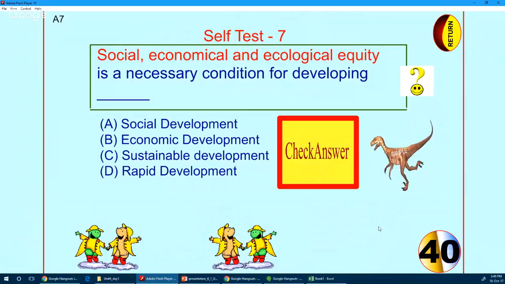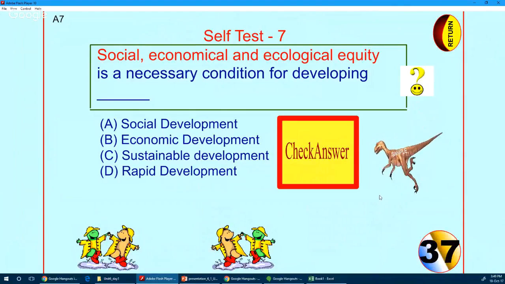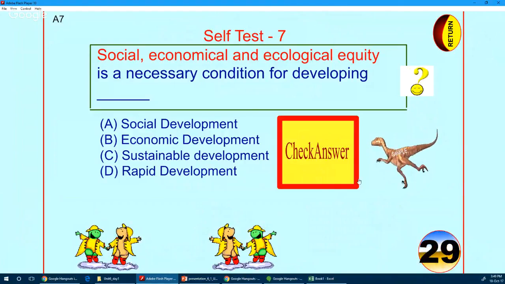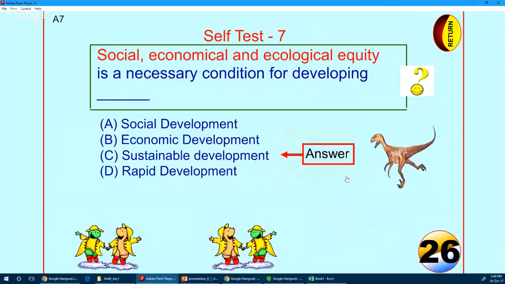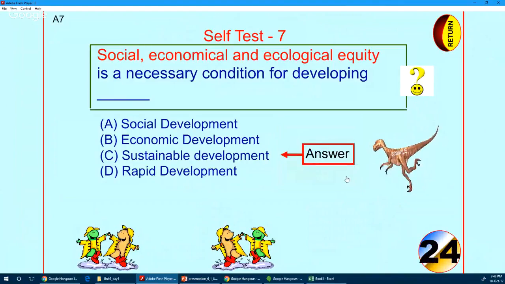A, B, C, or D? You go for C, and that's the right answer. Sustainable development is the right answer. Congrats.